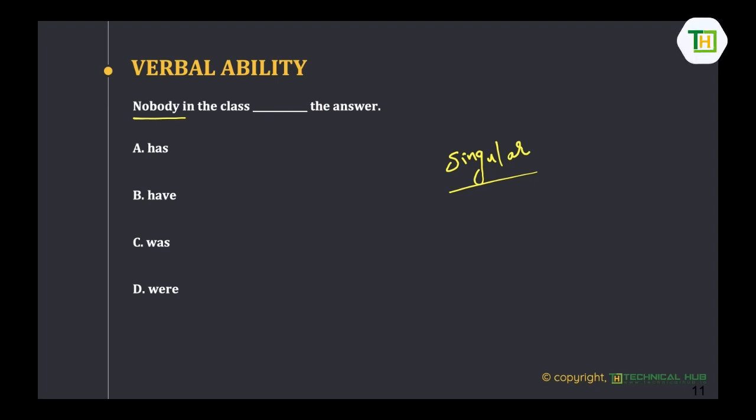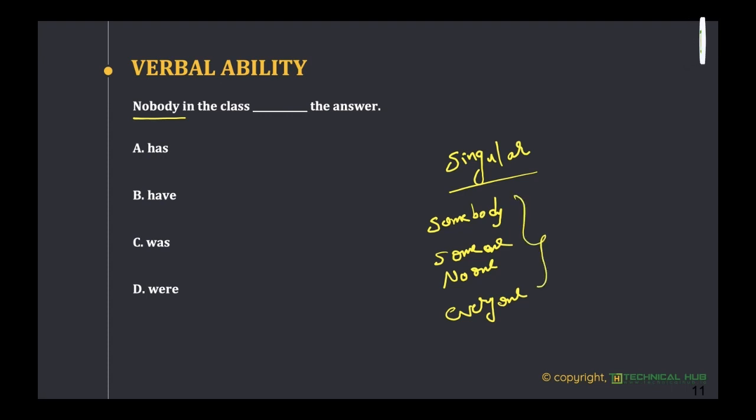Why? I'll tell you. Somebody, someone, no one, everyone, all these words are singular only. Nobody in the class knows English.